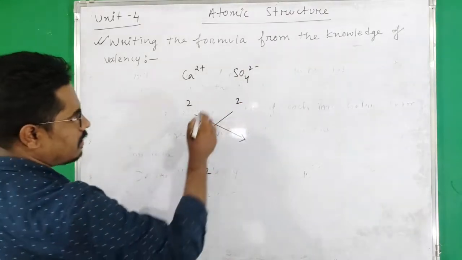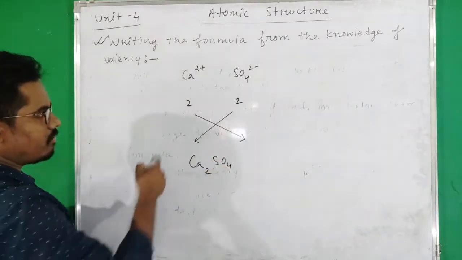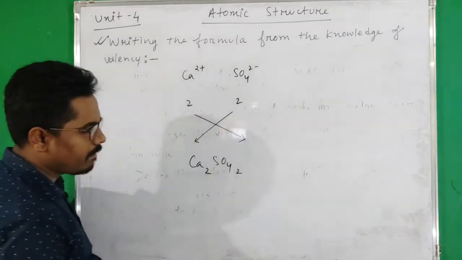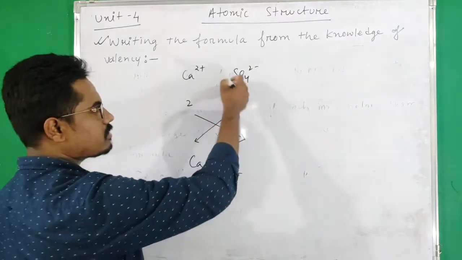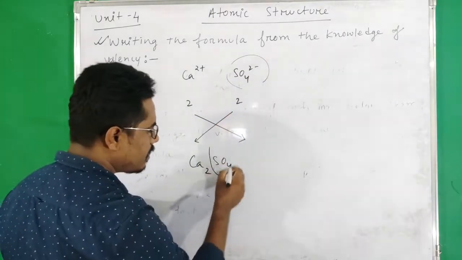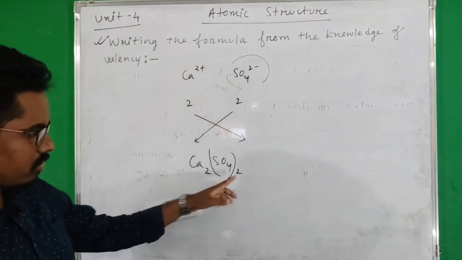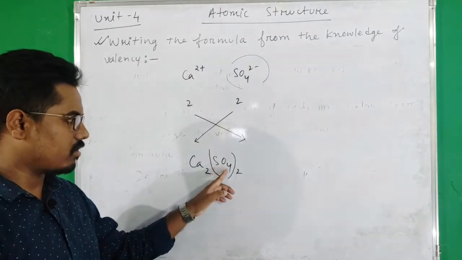After that, you have to write sulfate SO4. Now valency of calcium is 2. You have to write 2 here. But this 2 will multiply with whole sulfate. So therefore you have to put bracket, which is very important. 2 will be multiplied with both of sulfur and oxygen.